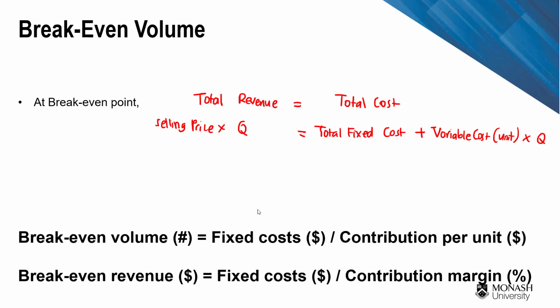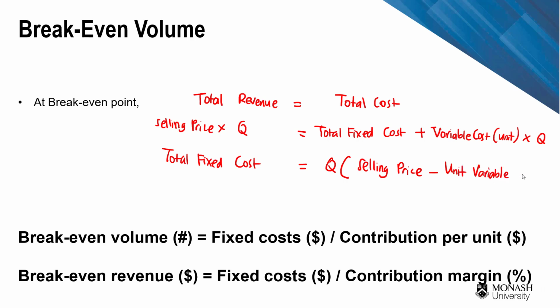So if you rearrange this, total fixed cost is equal to the quantity sold times (selling price minus unit variable cost). This part is what we call contribution.